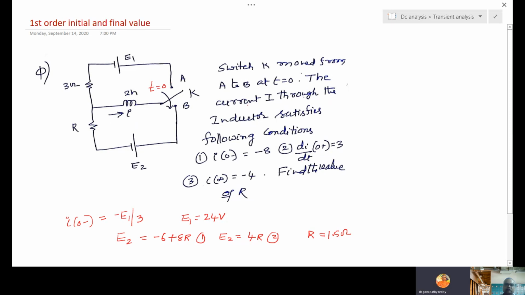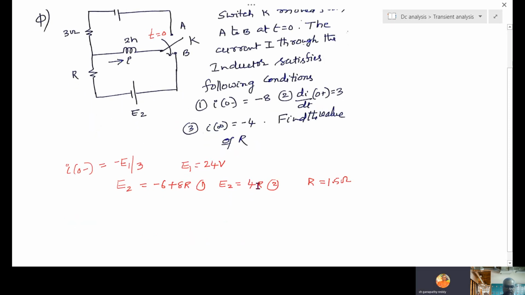The current i through the inductor satisfies the following conditions: i(0-) is given as minus 8, di/dt at 0+ is 3, and i(infinity) is minus 4. Find the value of R.